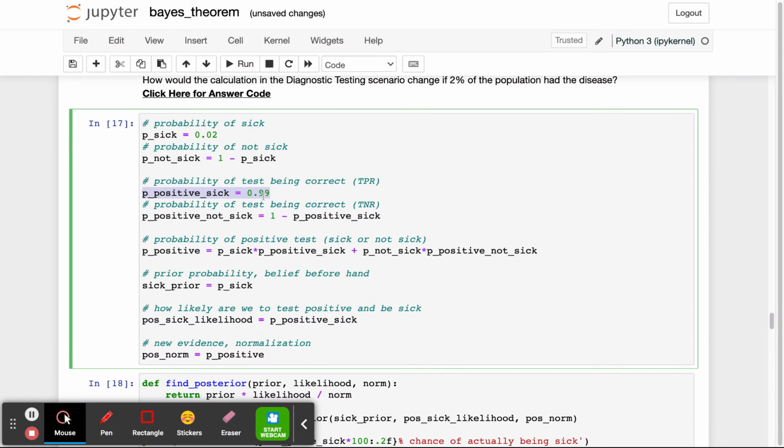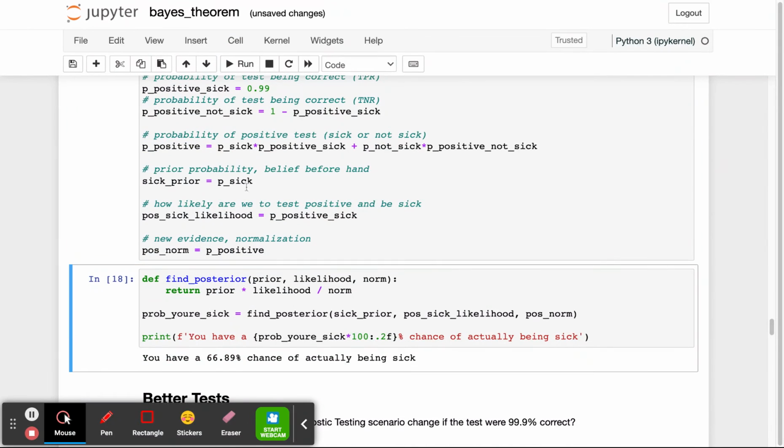The probability of the test being correct, the true positive, is 0.99, and then the probability of testing positive if you're not sick, which is the true negative rate, it's going to be 1 minus the probability of not being sick. And so again here the normalization factor is the same as before.